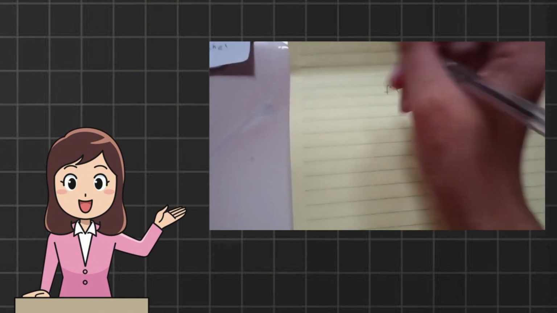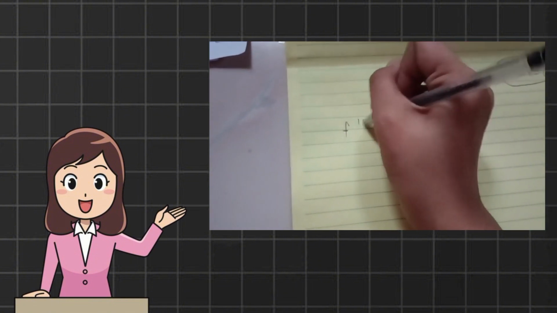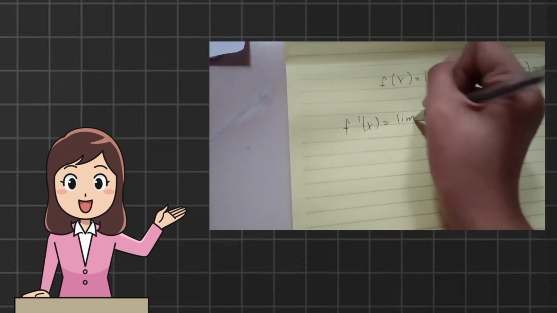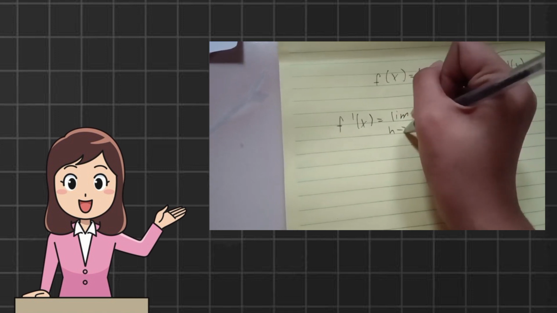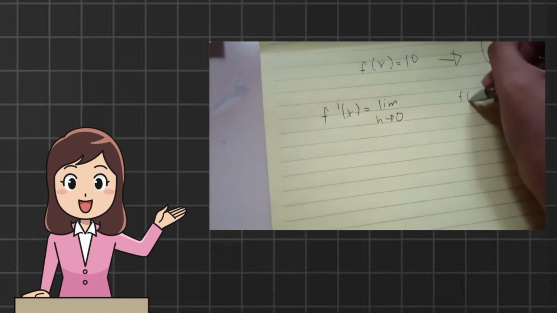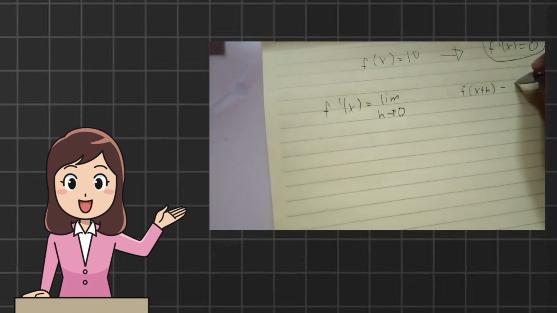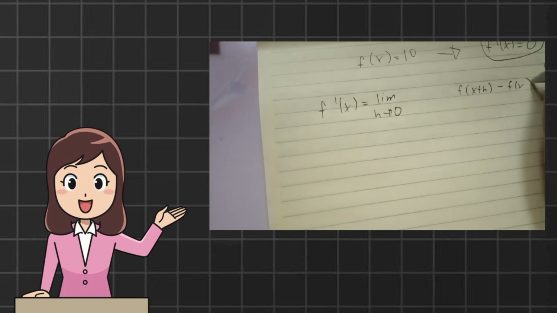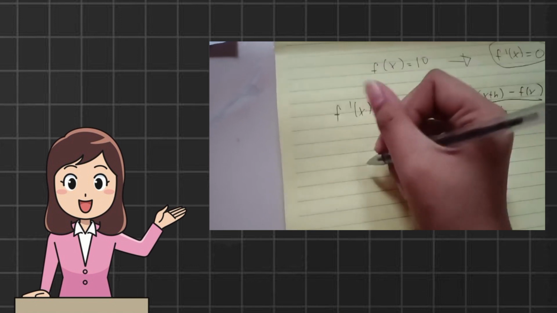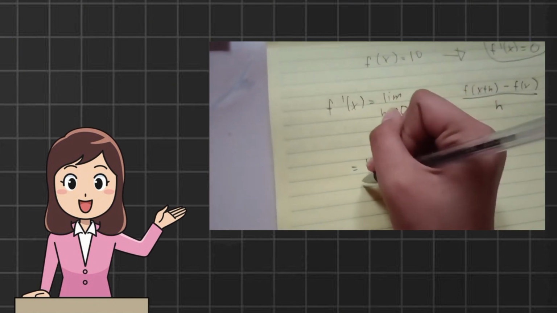Now let's use the definition of derivative. We know that f prime of x is the limit as h approaches 0, so we will use the equation f prime of x is equal to the limit as h approaches 0 of f of x plus h minus f of x over h.